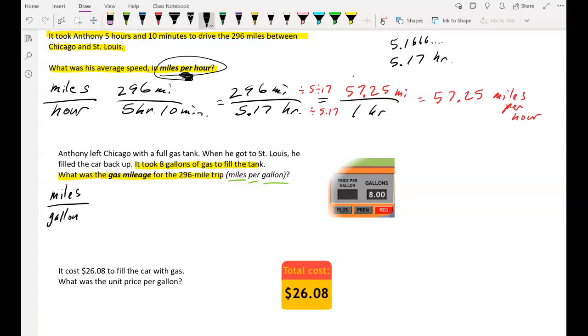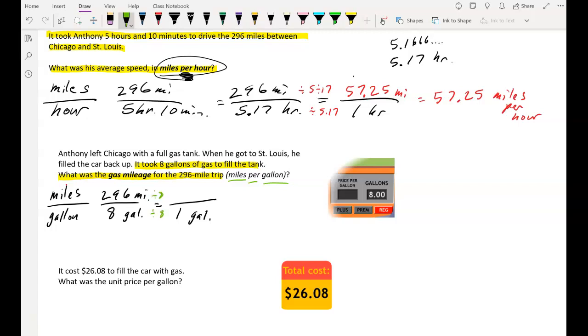All right, we know how many miles he traveled, 296. We know how many gallons he used, 8 gallons. So, a little abbreviation here, 296 miles for 8 gallons. We want to know for 1 gallon. Again, how do we get from 8 gallons to 1 gallon? Divide by 8.